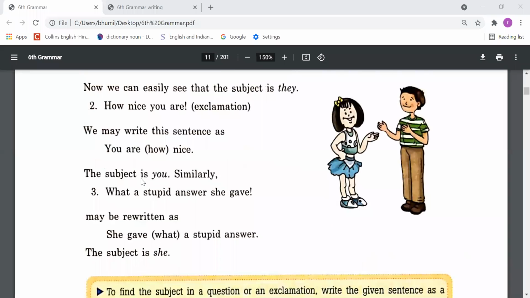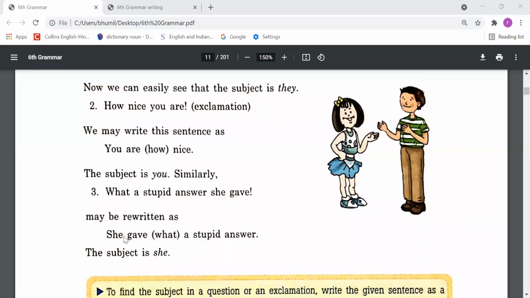Similarly, what a stupid answer she gave! Basically we are talking about she, so she is the subject. But the first word of this sentence is not the subject because it's an exclamatory sentence. So if we want to make the subject the first word of the sentence, we need to write this sentence in assertive formation. We can write: she gave a stupid answer, or she gave a very stupid answer, right?